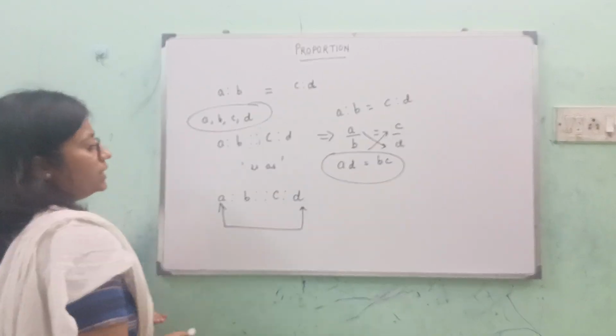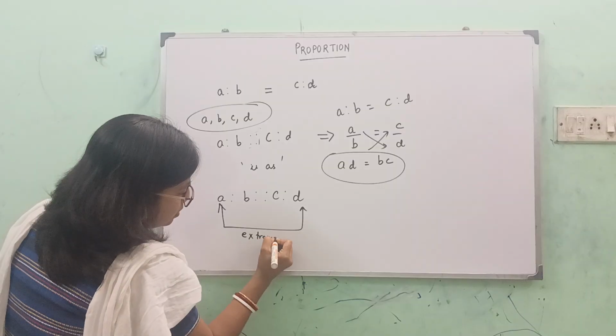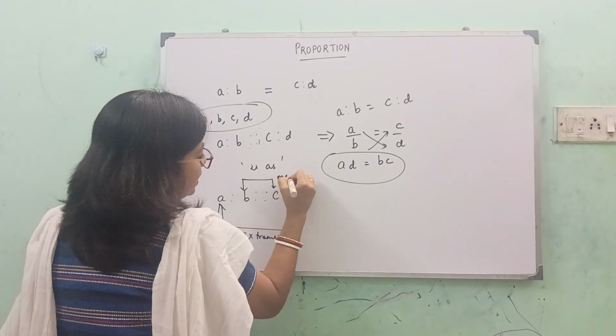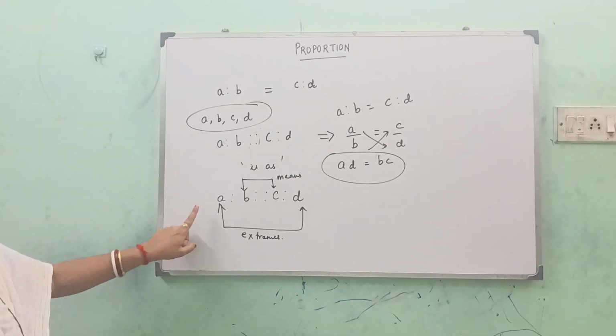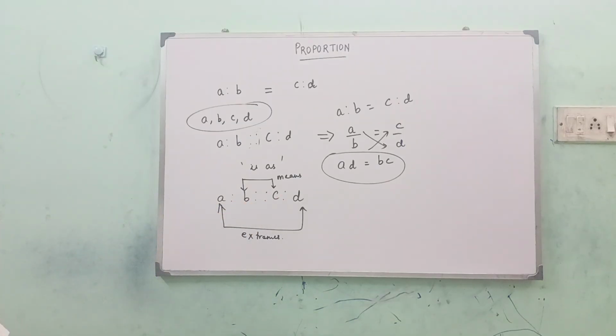These two quantities, A and D, are the end terms. They are called the extreme terms or extremes. And these two that are in the middle are called the means or middle terms.